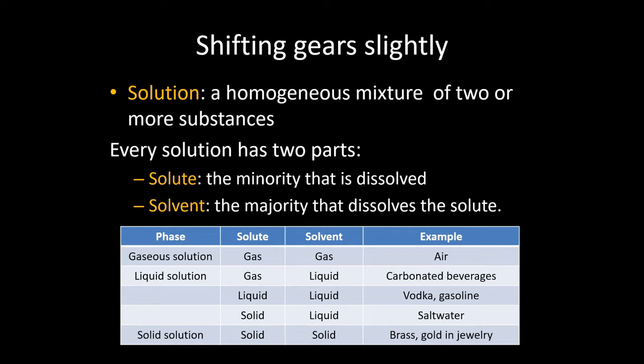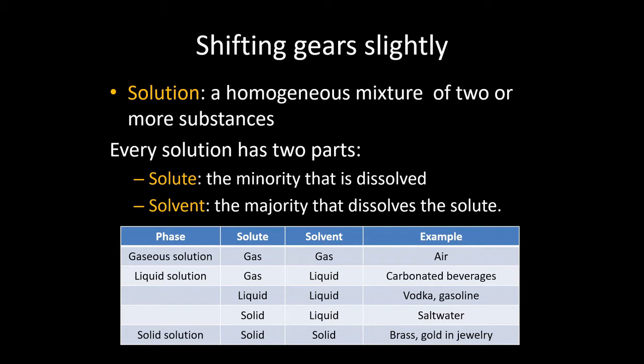Now, in your mind, I bet you were thinking of a solution being like a mixture of two things, and probably the thing that you pictured was having relatively equal amounts, probably in the same phase. And while there are plenty of solutions that would fall under those categories, there are lots of solutions that wouldn't.